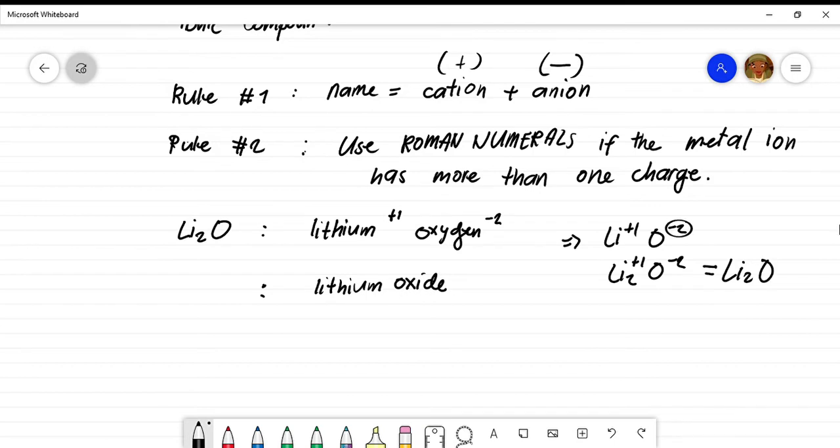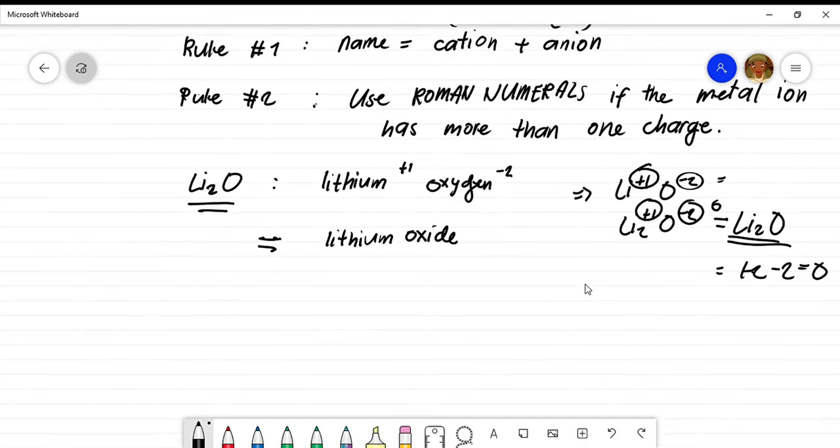The charge for this will be 0, since we have +2 and -2. So this is the ionic compound. We wouldn't say dilithium oxide, since the subscript 2 here is essential when we balance this compound out. So this is a stable compound with 0 charge as a compound.